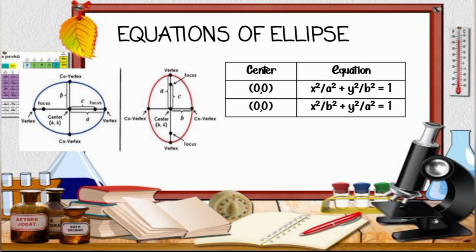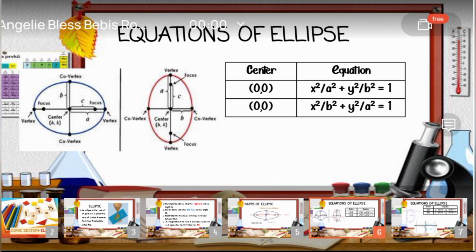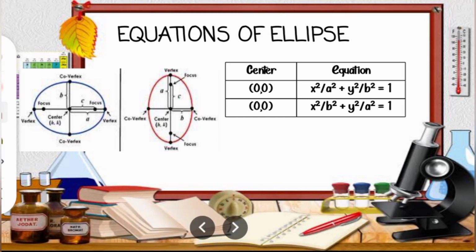Now let's discuss some equations of an ellipse. We have two equations of an ellipse with center at 0, 0, which is our origin. The first equation is x squared over a squared plus y squared over b squared equals 1.